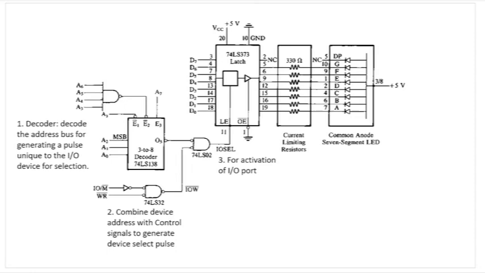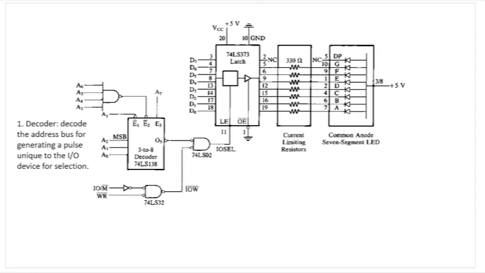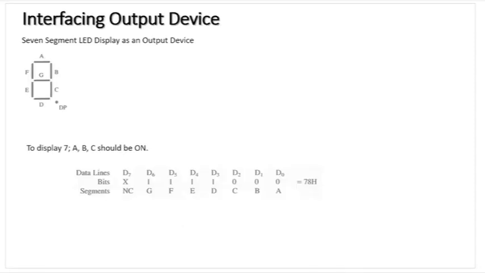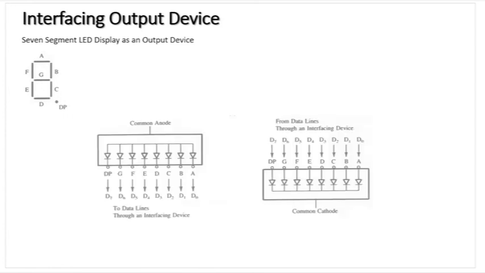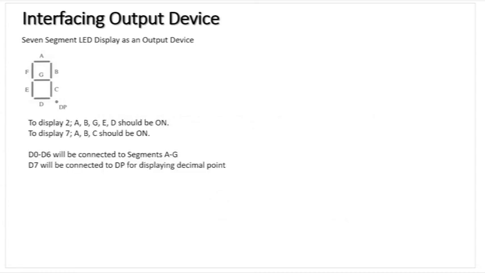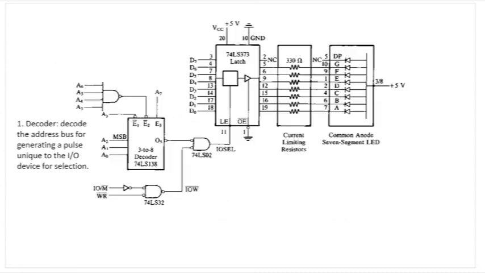Whatever data we want to feed from D0 to D7, to display 7 we will feed 78. To display 1, we have to make sure B and C are on. Since B and C are connected to D1 and D2, the output D6 to D0 will be 1, 1, 1, 1, 0, 0, 1. You can see which hexadecimal number it is, and accordingly output that to the 7-segment LED.